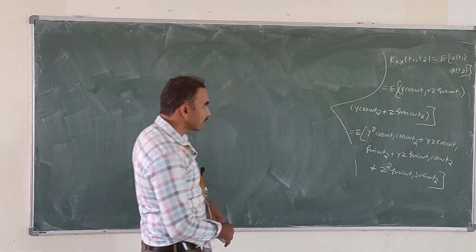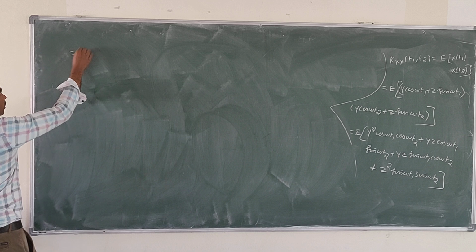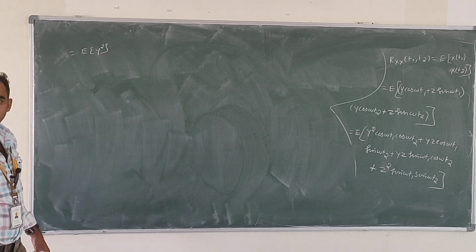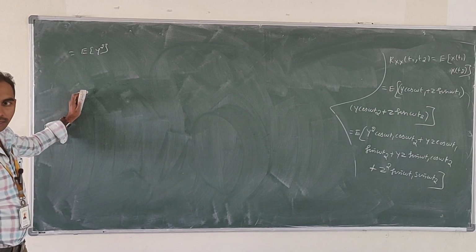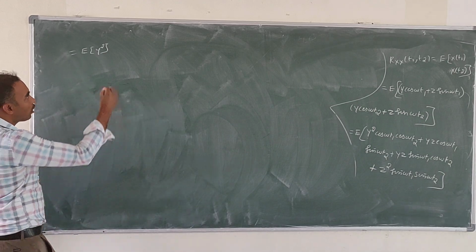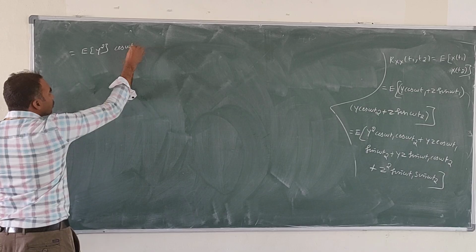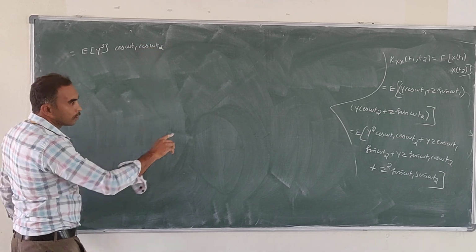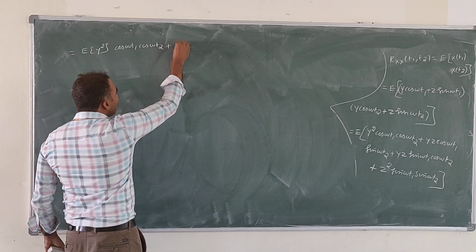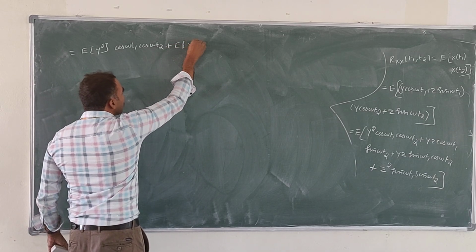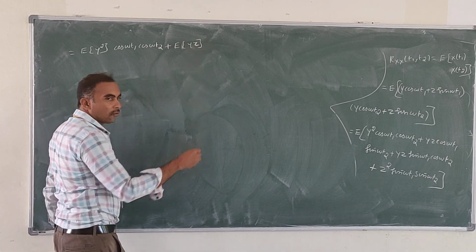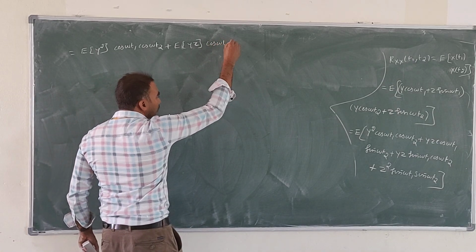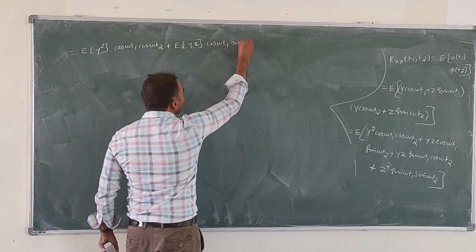It will act. So see, E of y square cos omega t1 cos omega t2 plus E of yz cos omega t1 sin omega t2.